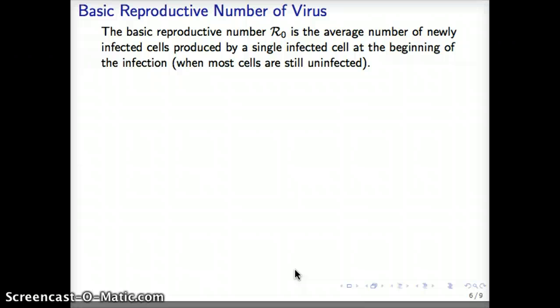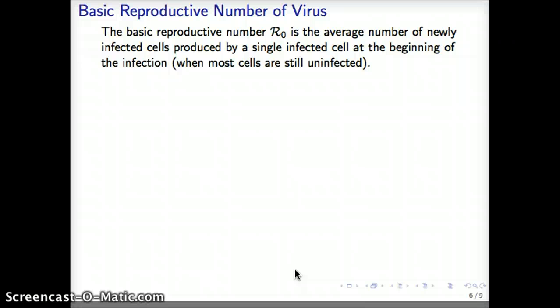Now, in the context of mathematical models, it is important to keep in mind the definition of reproductive number. In this case, we're interested in the ability of reproduction for the pathogen.